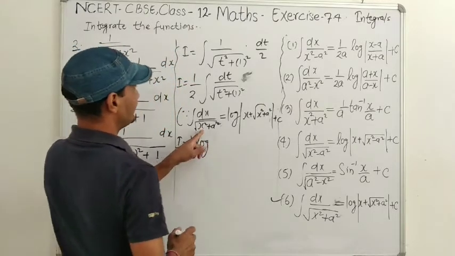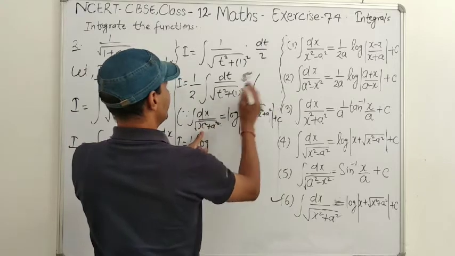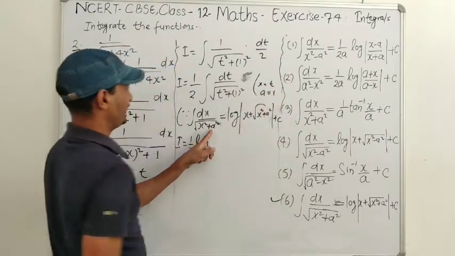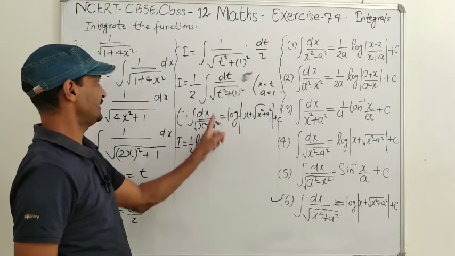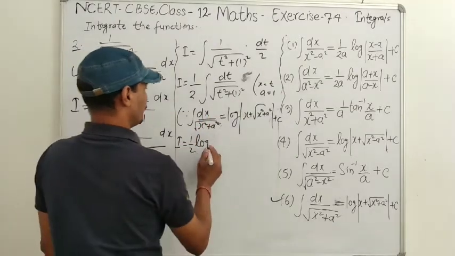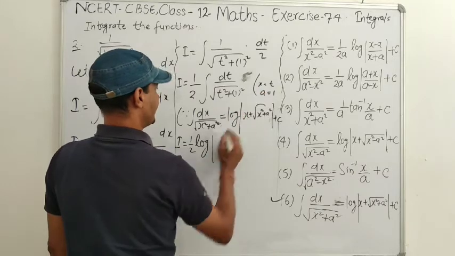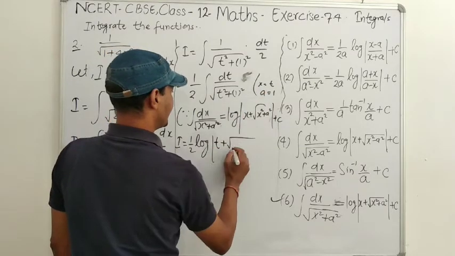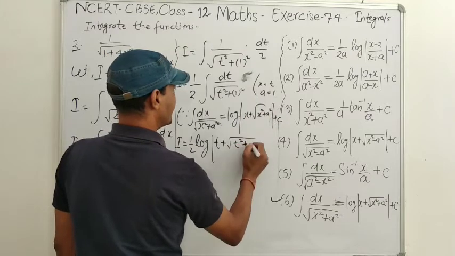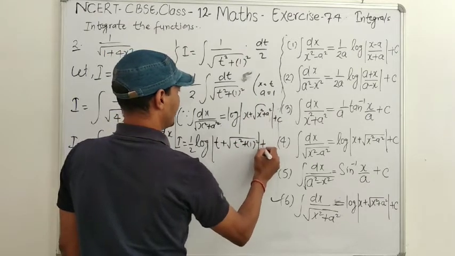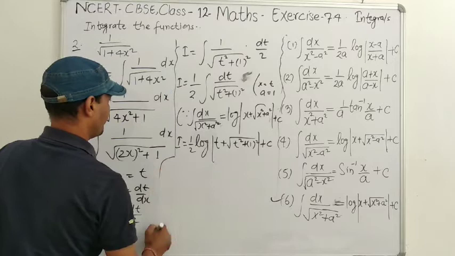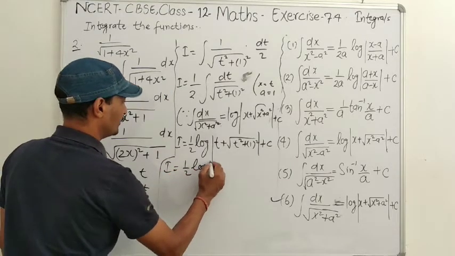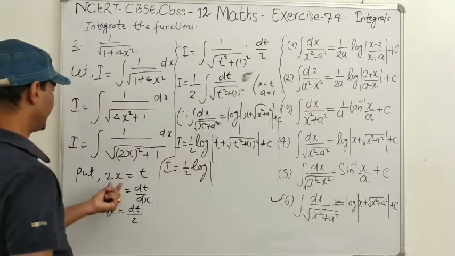compare here: x is equal to t and a is equal to 1. In the place of x it is t, a is 1. So the formula is log of x, what is x? x is t, plus root over x square, t square plus a, 1 square, this plus c. Now I equals 1 by 2 log. What is t? t is 2x.